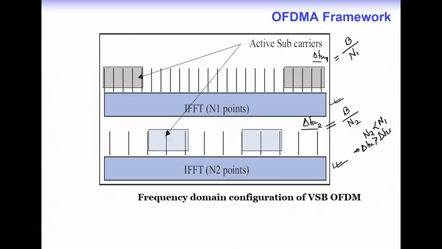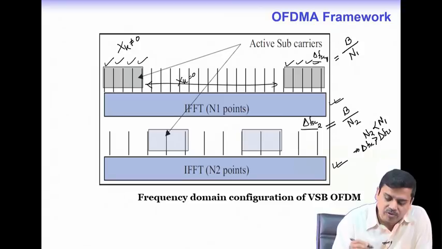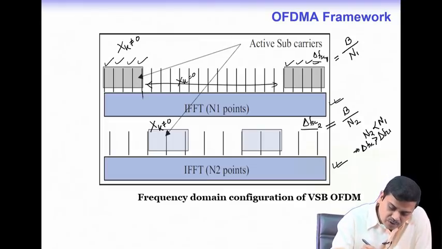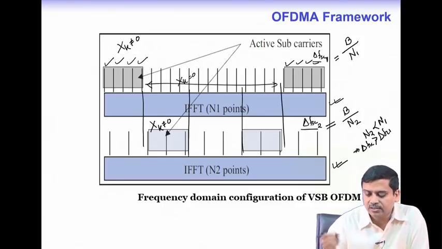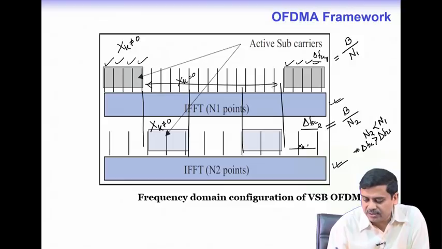Here what we indicate is that in one set of FFT IFFT operations, one would activate a few subcarriers, that means send them non-zero signals with xk not equal to 0, and let the other subcarriers have xk equal to 0, while in the other FFT one can have the xk's not equal to 0 in the portion which is not overlapping in the frequency domain with the other system, whereas here you can have xk equals to 0. The xk are the constellation points.